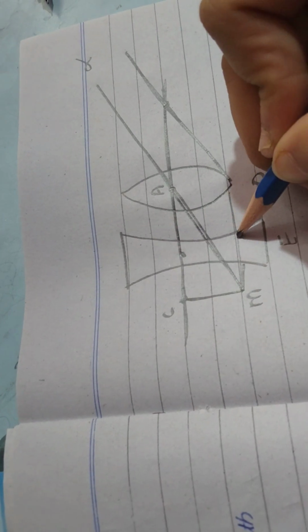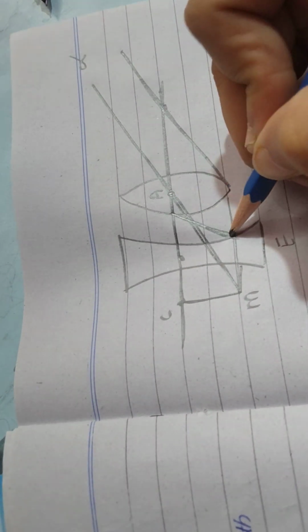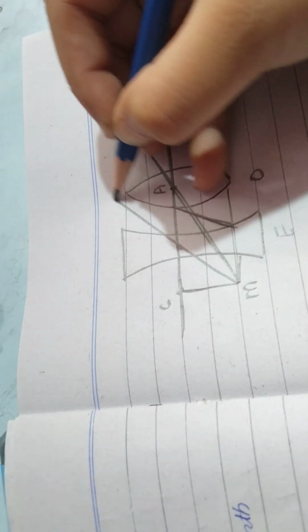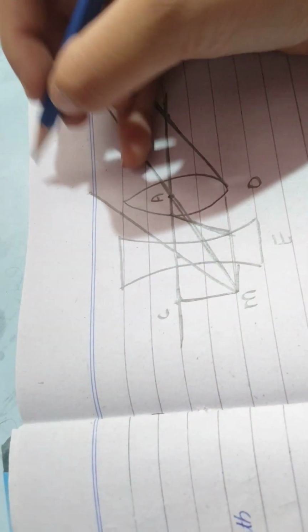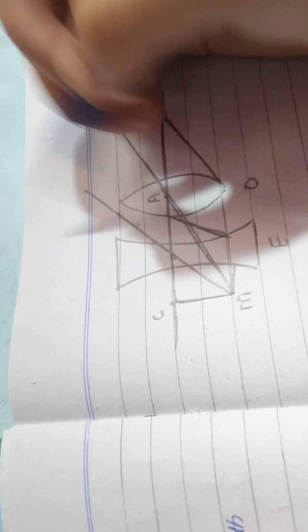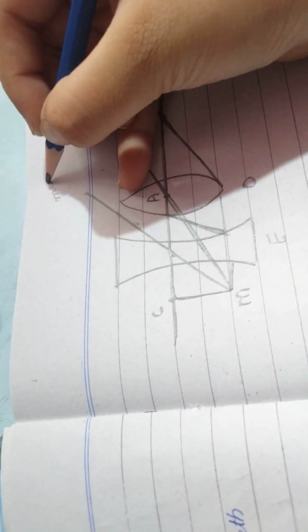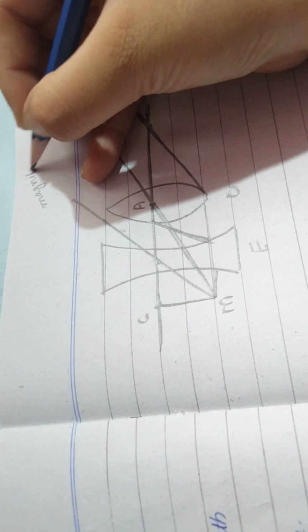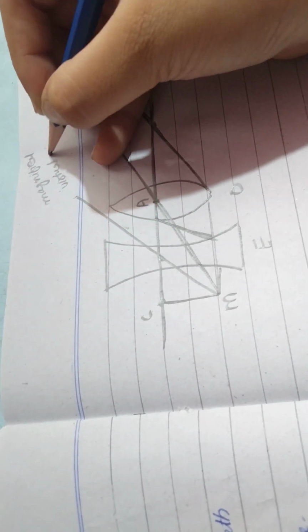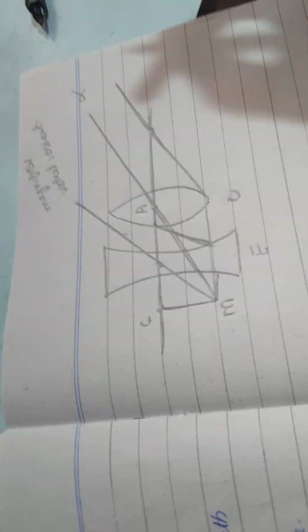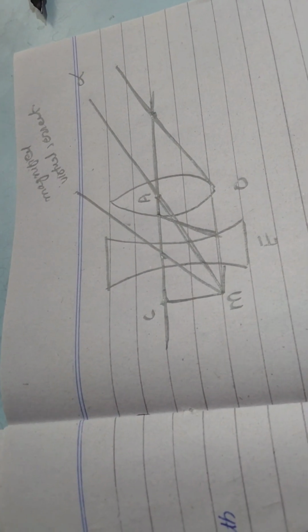From here the ray will go like this, and from the optical center here. So the image formed by the concave lens will be magnified, virtual and direct.